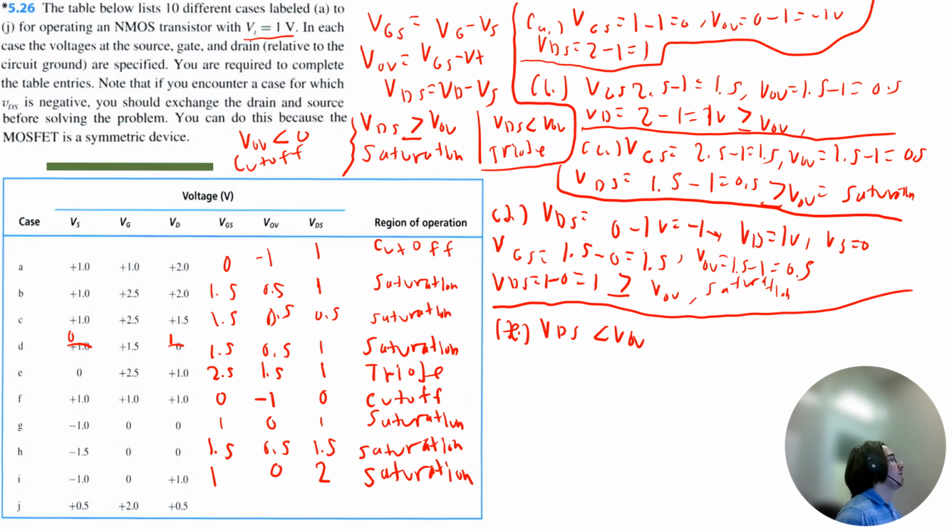Lastly, we have case J. VGS is 2 minus 0.5, which is 1.5. V overdrive is 1.5 minus 1. And VDS is 0.5 minus 0.5, so 0. And this is less than V overdrive. We're in the triode region. And that completes the table.